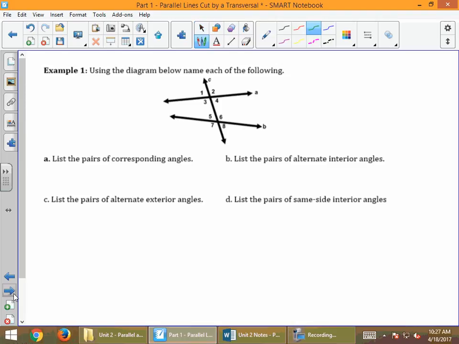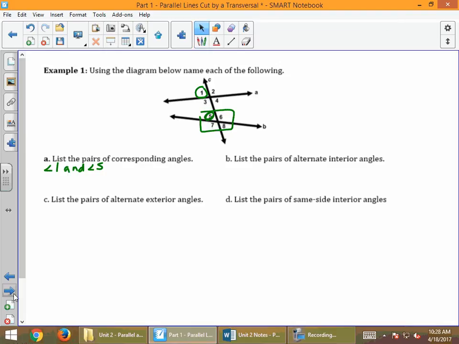I'm just going to start with angle 1. Look at the diagram and think about which one in those bottom 4 sits in the same corner as angle 1. And that is angle 5. So angle 1 and angle 5 are corresponding angles.